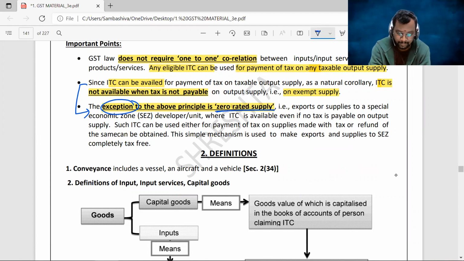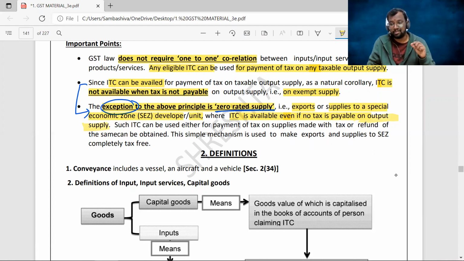Zero rated supply, that is, exports or supplies to a special economic zone developer or unit, where ITC is available even if no tax is payable on output supply. Sir, we have already learned about zero rated supplies in the earlier chapters, along with the exempted goods definition.